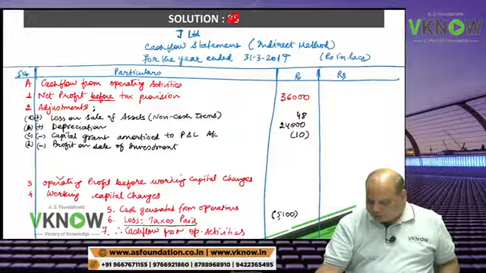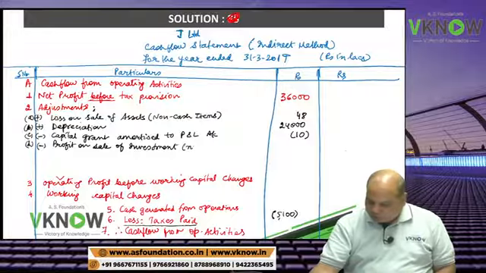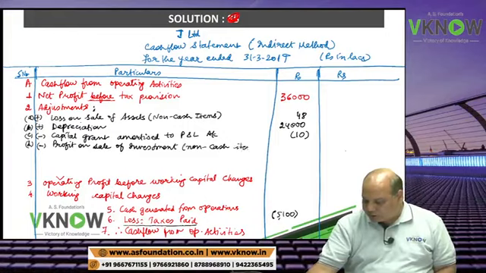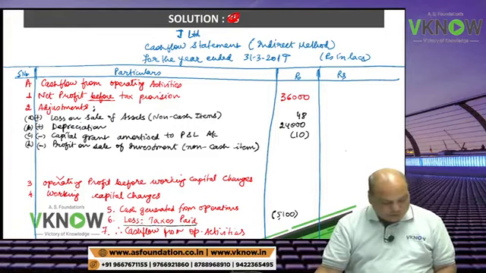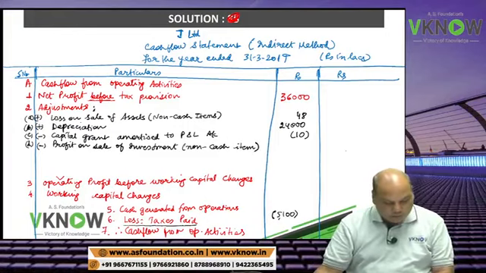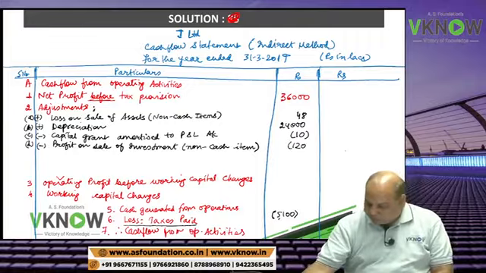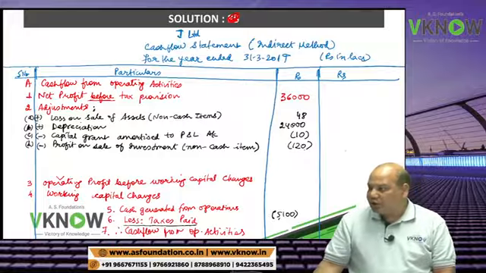Profit is credited to P&L account. If a non-cash item is credited to P&L account, I will deduct it. So the amount was 120.